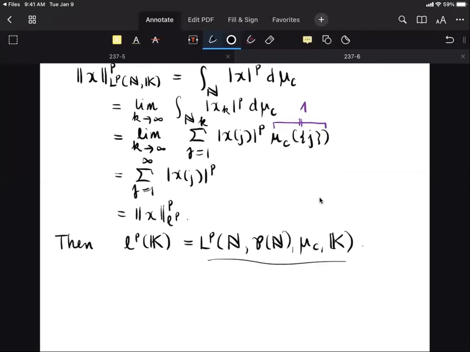Since this is complete, therefore the little LP spaces are also complete. And that's the proof of completeness of the little LP spaces by writing it as a Lebesgue space with respect to the counting measure.